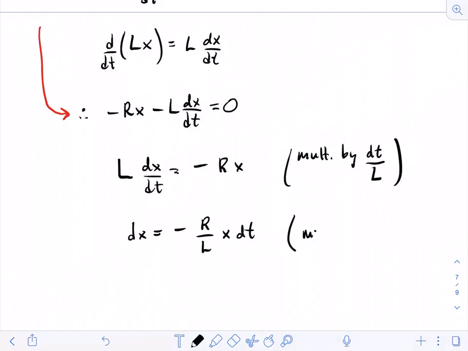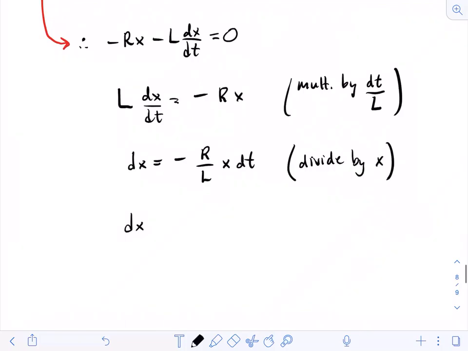What we should have done is included a factor of x in there, but never mind, we can do that now. Let's divide by x, and so we have dx over x is equal to minus R over L dt.